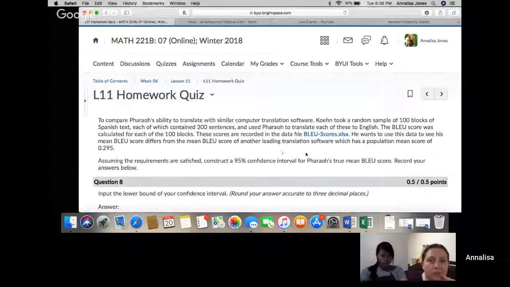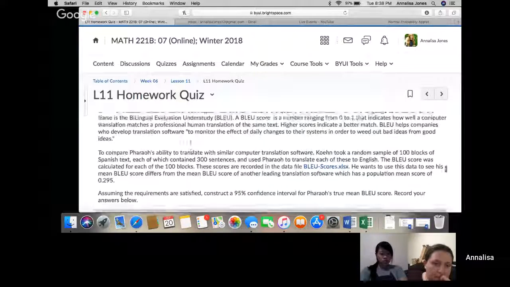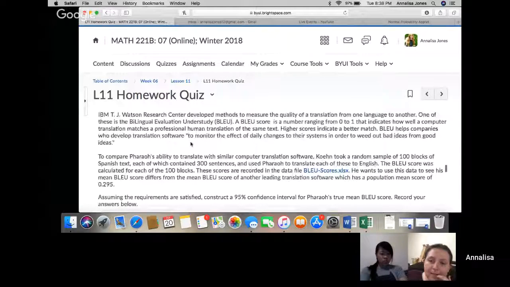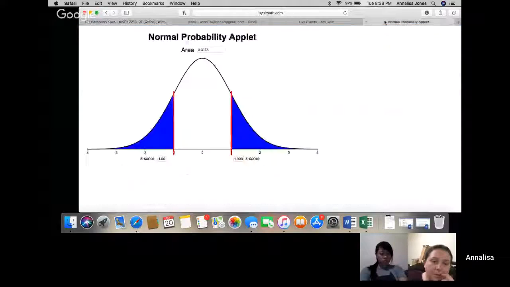So they want to know if the mean score is going to be larger or smaller than the population mean score, which is 0.295. But if you were just doing a lower tail, then you would just say, I just want to know how much of the population is lower than 0.295 instead of lower and higher. Okay. Does that make sense?